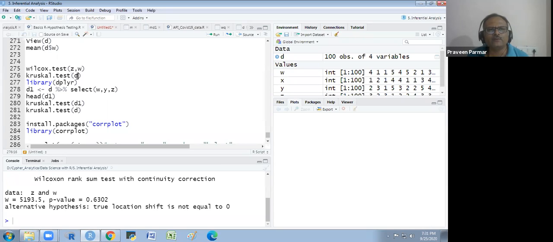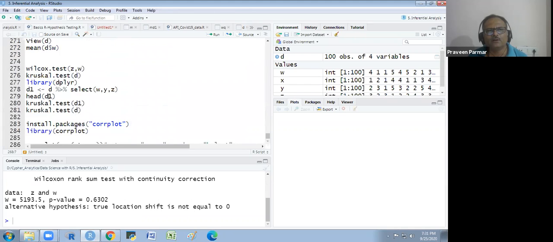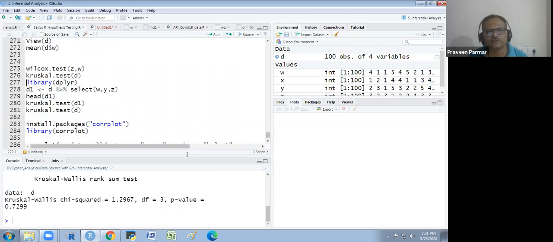Here we don't write the column name, just the data frame, so all 4 variables, W, X, Y, Z, will be covered and compared. I run this and get a P value of 0.72. It means there is no significant difference in the opinion across the questions we have taken.